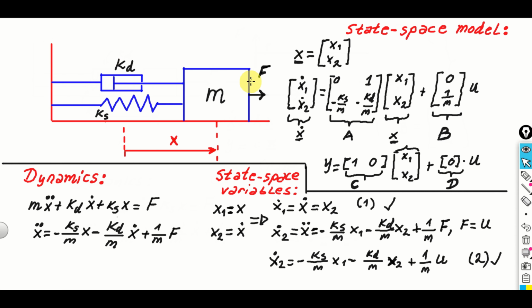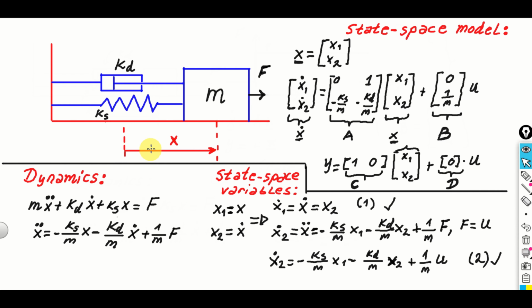We assume that there is a force F acting at the box. This force F is actually our control force. X is the displacement of this box from its equilibrium point, denoted by this dashed vertical line.